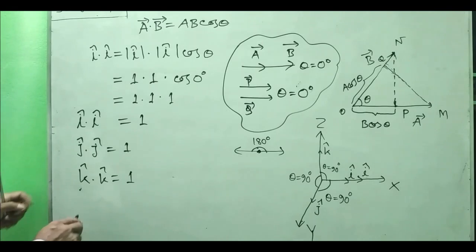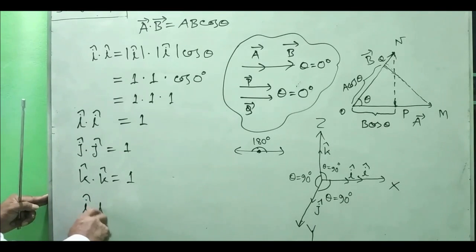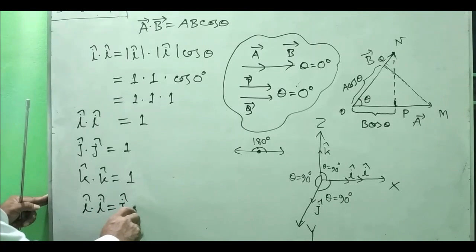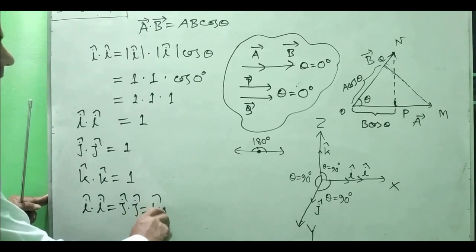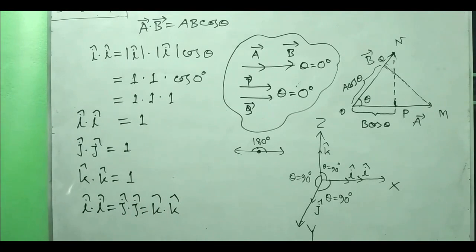So we can write the information: i cap dot i cap equals j cap dot j cap equals k cap dot k cap. A student may face this information as an MCQ type question.